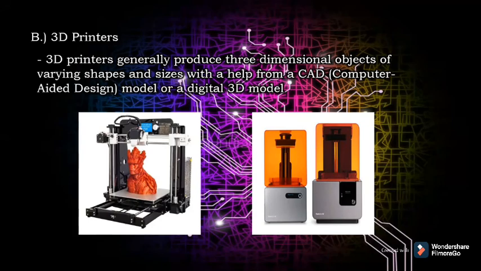Kaya itong 3D printers, in demand din siya sa production industry kasi kahit maliit lang yung size niya, kaya niya makapag-produce ng maraming mga bagay. So, sa pamamagitan ng 3D printers, yung mass production nagiging posible na. Next.